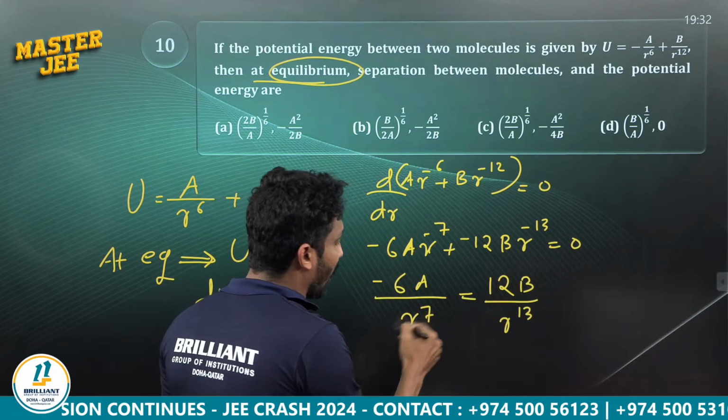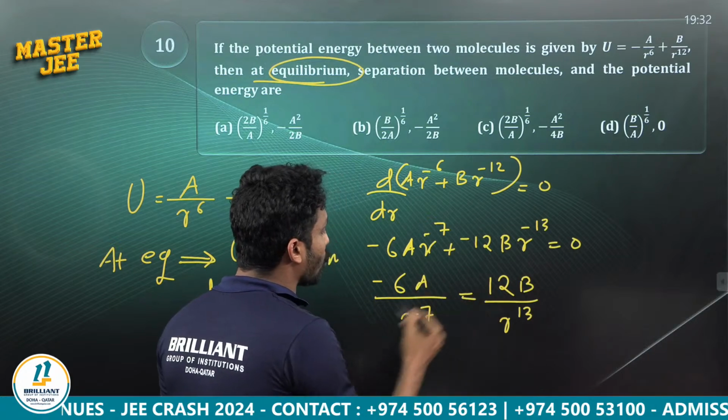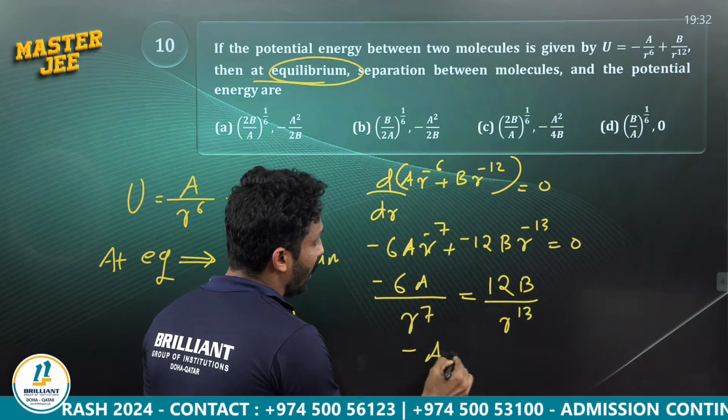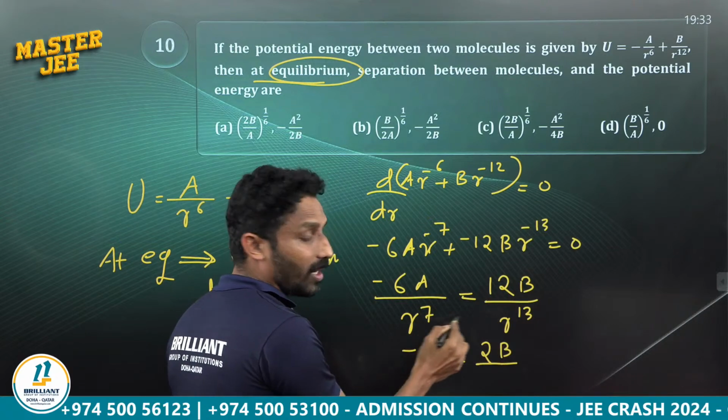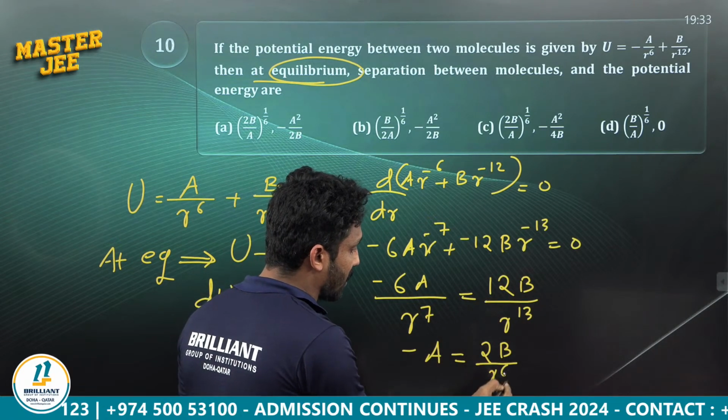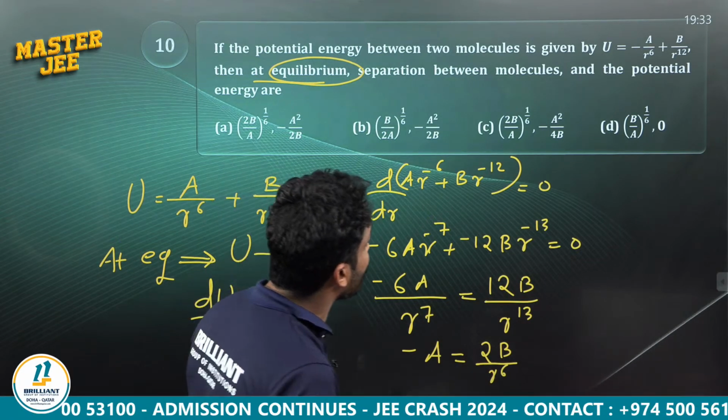Clear? Now R raised to 7 is cancelled, 6 and 12 cancelled. This is minus A is equal to twice of B divided by R raised to 6.